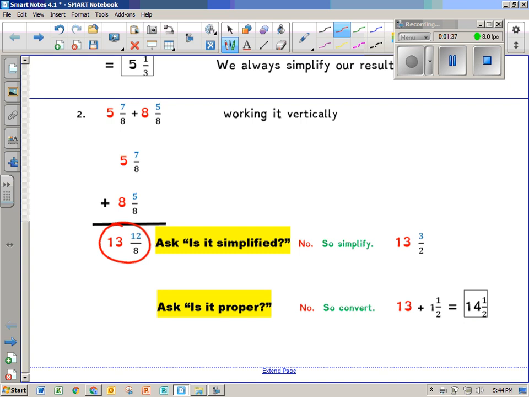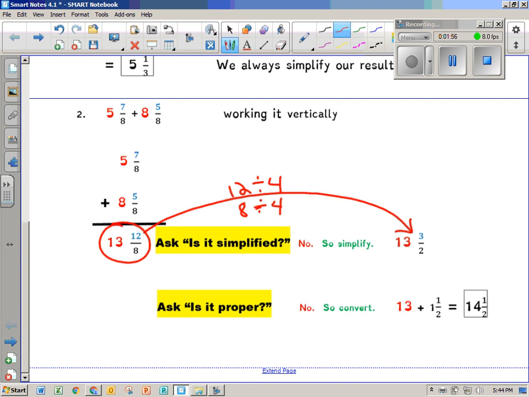Well, 12 and 8 have 4 in common. So to get from here to here, we just divided 12 by 4 to get the 3, and 8 divided by 4 to get the 2.